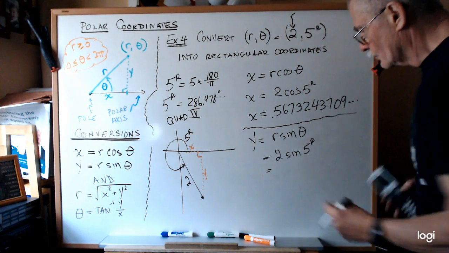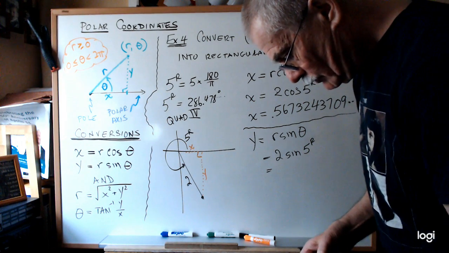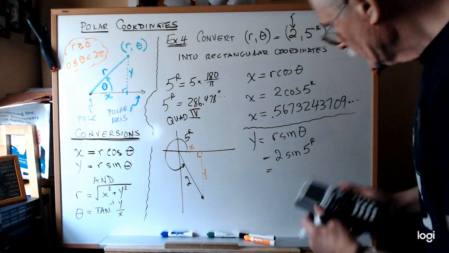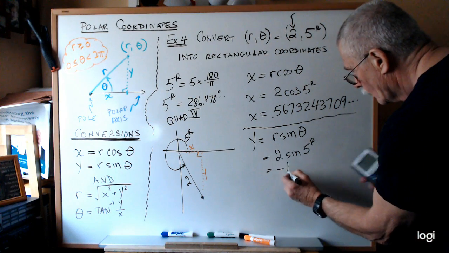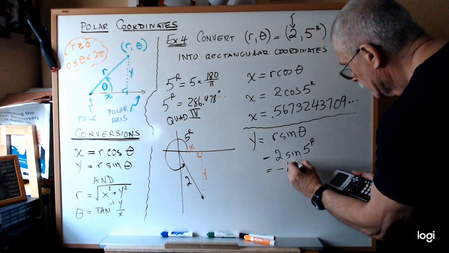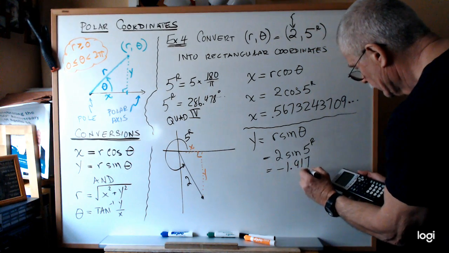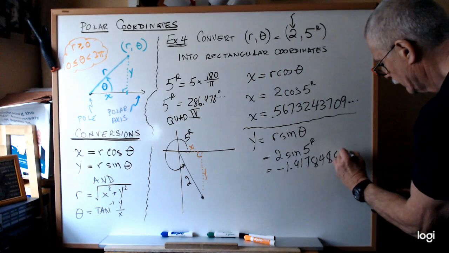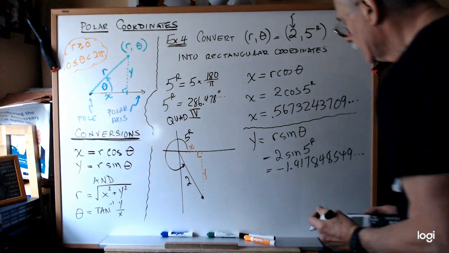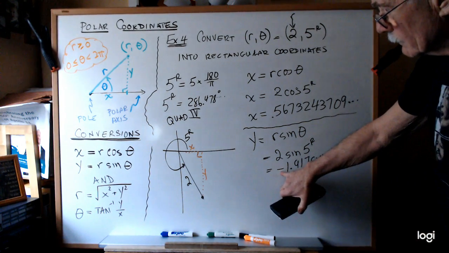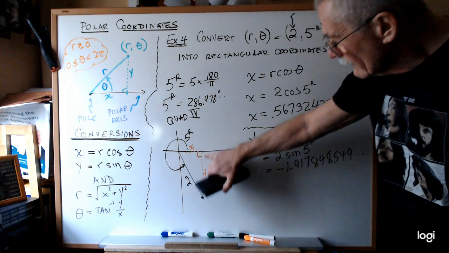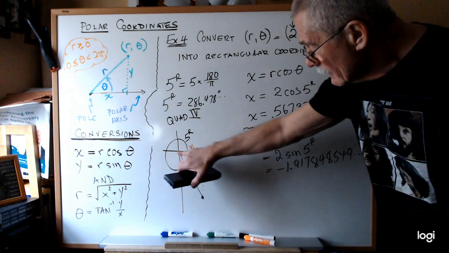So I'm going to go 2 sine 5, and I get negative 1.9178485519, and so on. And this makes me feel good because don't forget, y is negative and x is positive.